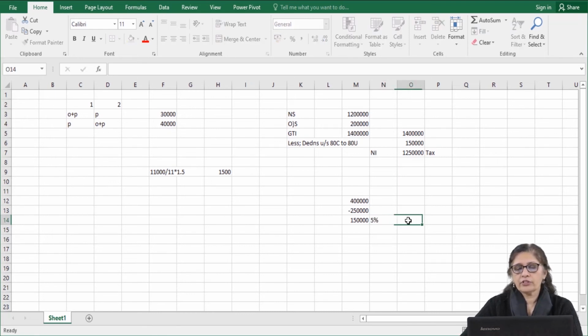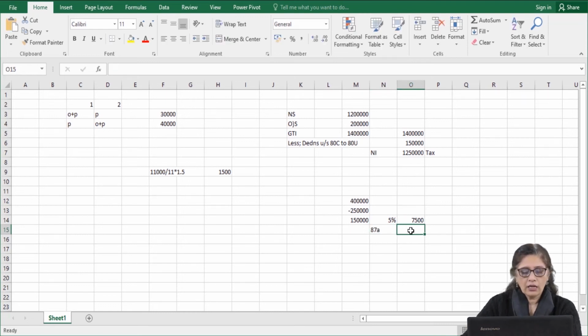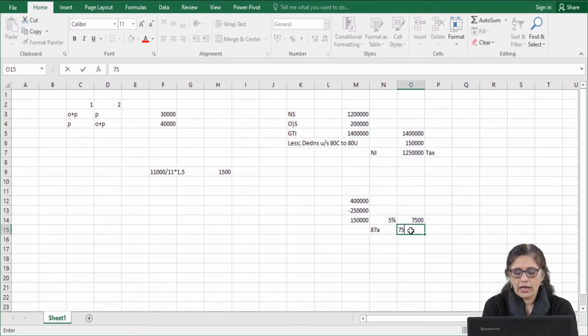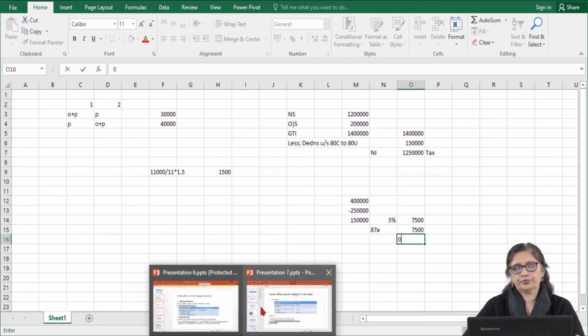So 1,50,000 at 5% would be 7,500. Now since this is less than 12,500, we shall give rebate under 87A, which is the entire amount of tax of 7,500, and the tax liability becomes 0.